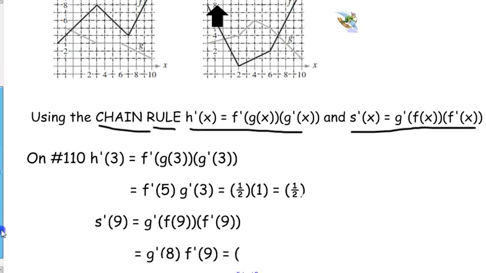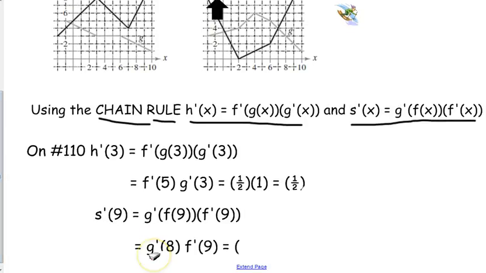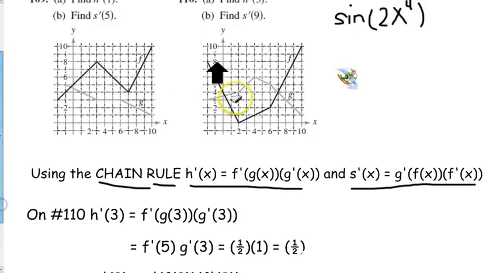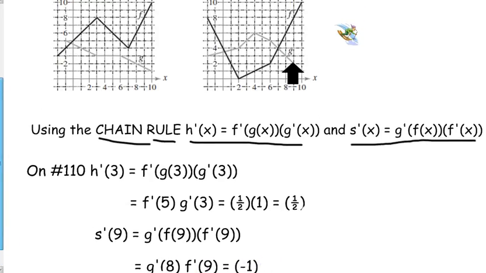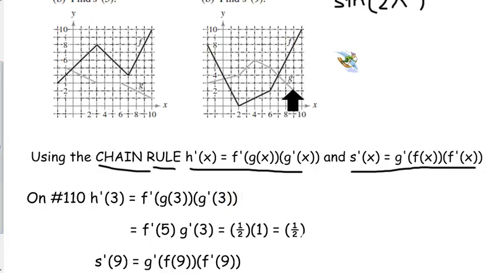So I'm going to come to my g function and find the slope at 8. So the gray function is the g function. I come over here to an input of 8. If I come up here, the slope seems to be down 1 over 1, so that should be negative 1. And now I need to find f prime of 9, the slope of function f at the input value of 9.